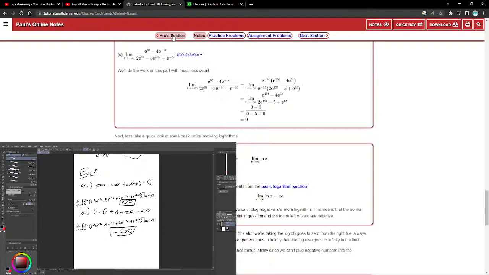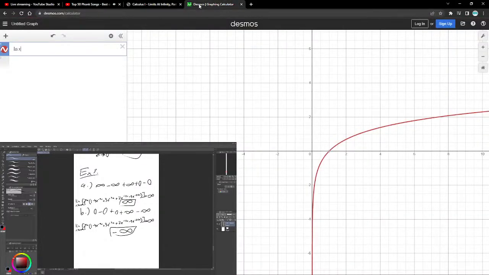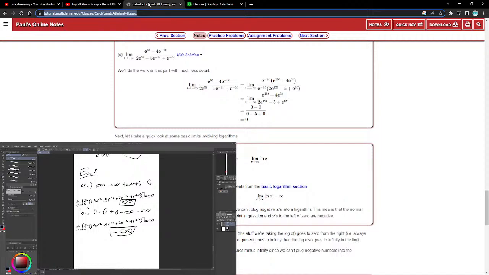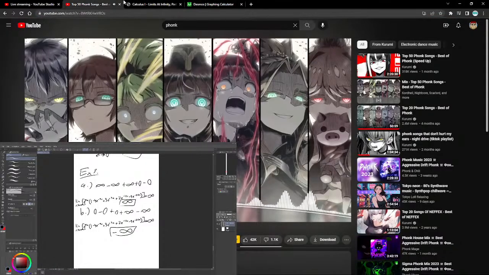Yeah, so if x is approaching 0 from the right, you're going to negative infinity. And as x approaches infinity, you're going to infinity.